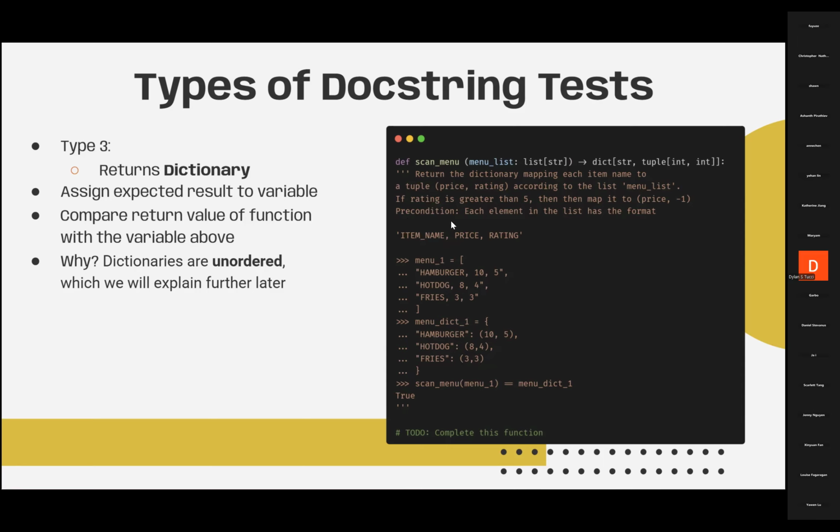If the rating is greater than or equal to 5, then we map it to price minus 1. And so in the end, it follows roughly similar. But when we compare it, because it's unordered, maybe the result will not look exactly the same. So that's why afterwards you want to also list out the entire thing, what it will look like here.